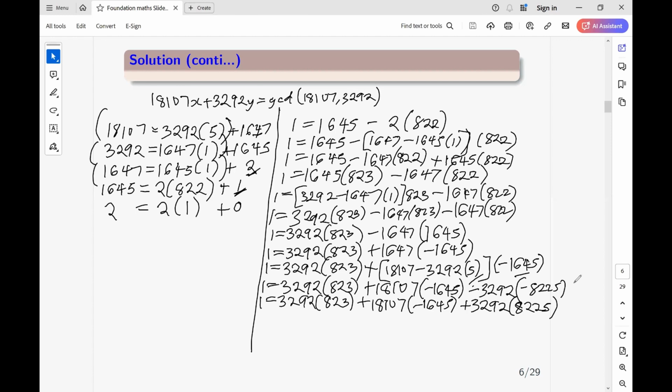So we can use this part. Yeah, just collect like terms. Okay. So we're going to collect this part together with this part here. Now 3292, we're going to take the negative.